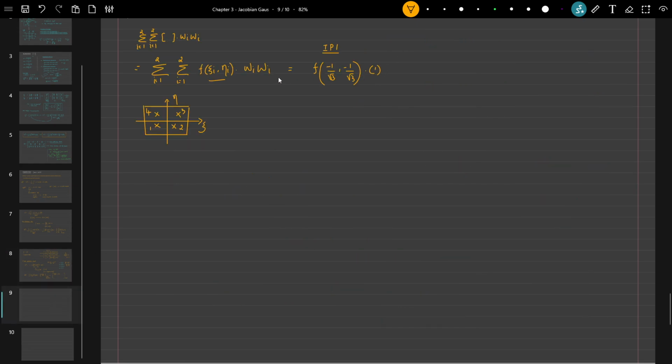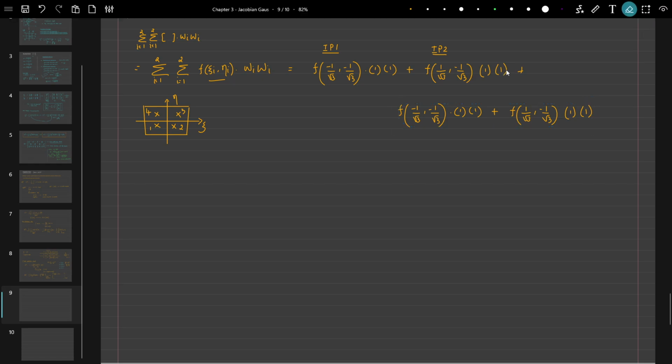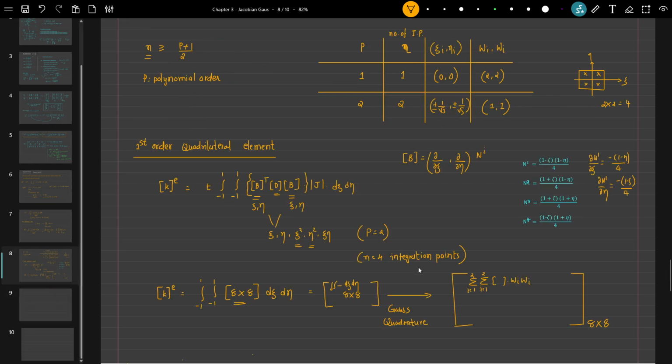So we can say into 1, into 1, plus integration point 2, which is f of 1 by root 3, minus 1 by root 3, weighting factors 1, plus integration point 3, which has plus 1 by root 3, plus 1 by root 3, and integration point 4, minus 1 by root 3, plus 1 by root 3, and weighting factors of 1, 1. So this is for only one term in the stiffness matrix.